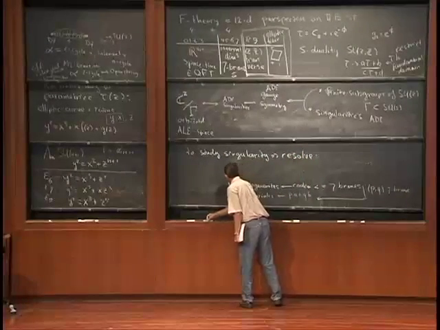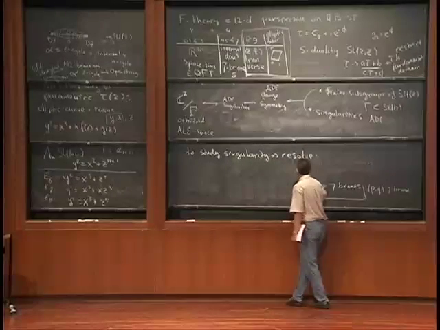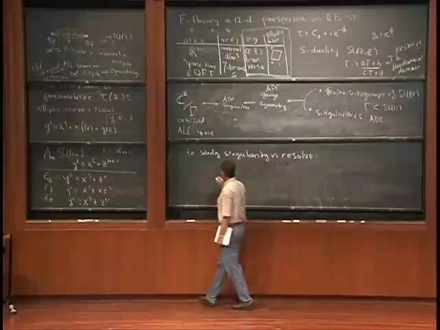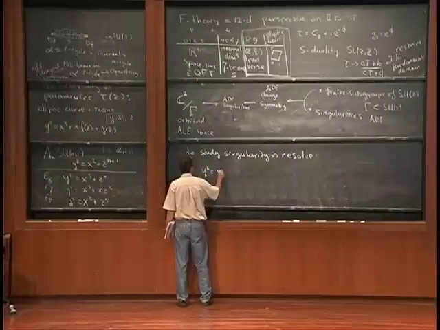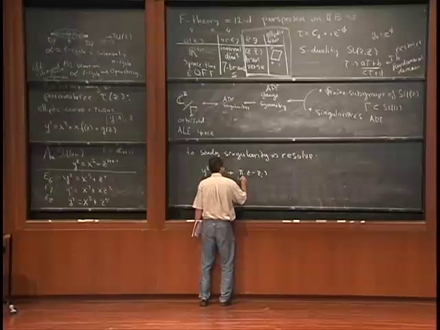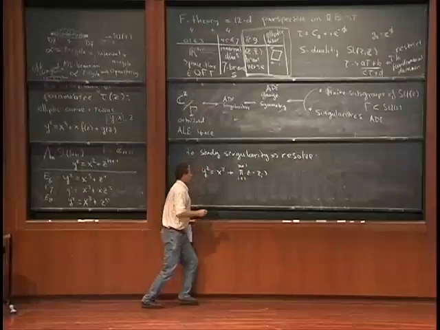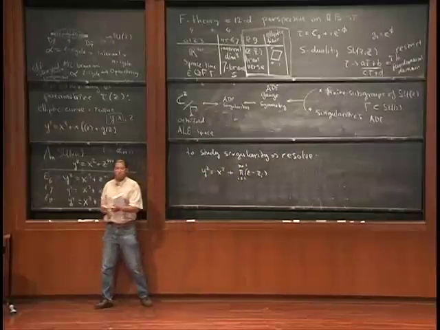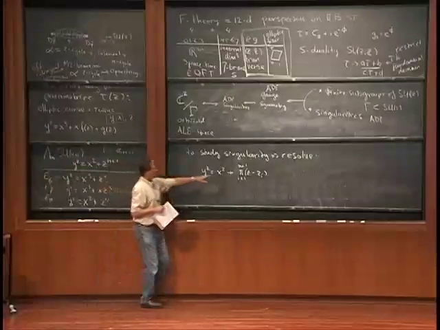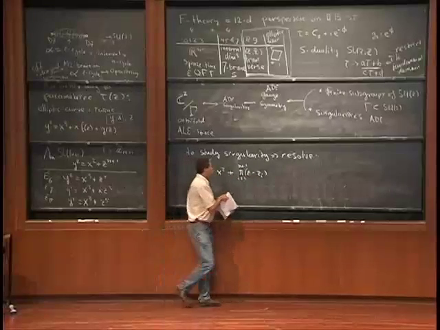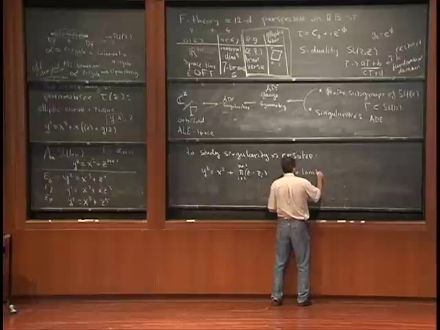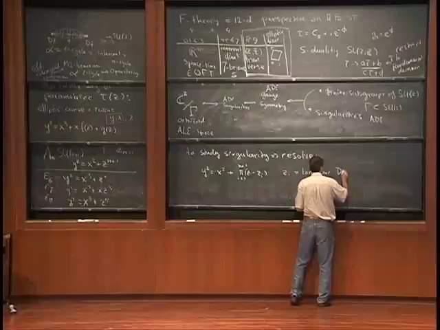And for the Zn, you would write it like this. So you introduce some numbers zi, and rather than putting all the zeros at z equals 0, you separate them out like this. And it turns out that the zi's are the locations of the D7 branes.